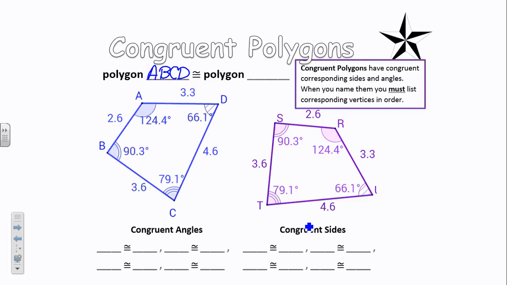Does everyone see that angle A is 124.4, and that's equal to which angle? R, because it's 124.4, right? So when we list A first, we have to list R first. Okay? Angle B, which one is it congruent to on the purple polygon?